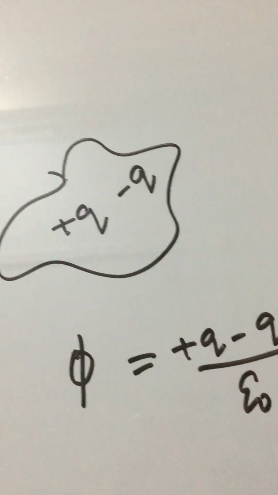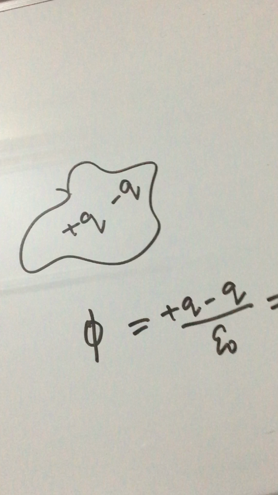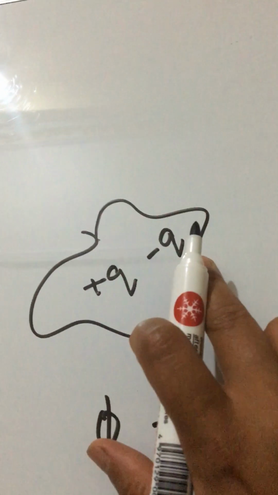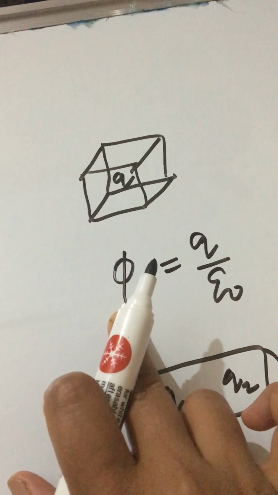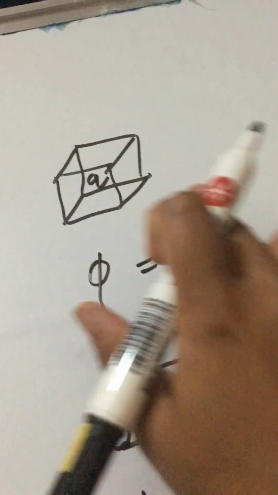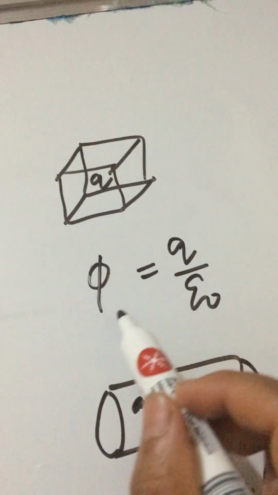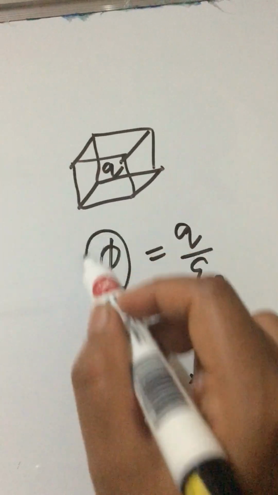So how much is the flux? It's 0, right? So if the charge is given and the flux is asked, we can directly use the Gauss theorem and find the flux through it.